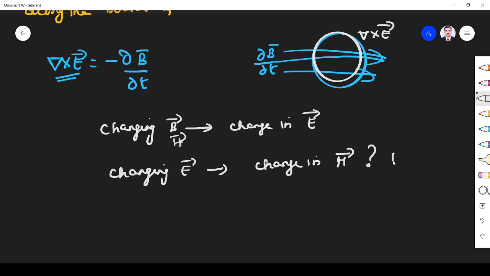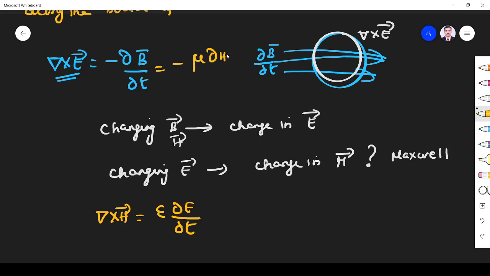So this is what Maxwell asked, right? So what did he expect? He expected del cross H is equal to epsilon dou E by dou t. Like B is equal to mu H in Faraday's law, del cross E is equal to minus mu dou H by dou t. Like that, instead of E you replace H, and del cross H is equal to epsilon, replacing mu with epsilon and H with E. This is what Maxwell asked.